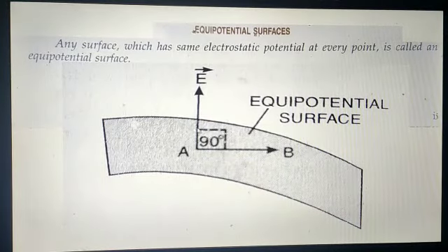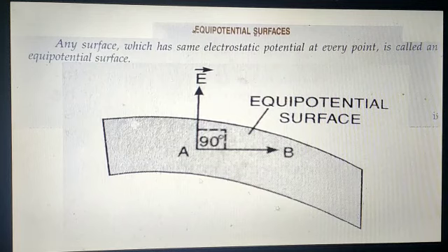Now, as we discuss the definition, any surface which has the same electrostatic potential at every point is called an equipotential surface, right? It means, suppose you consider a surface here.